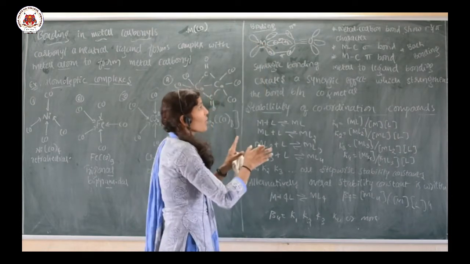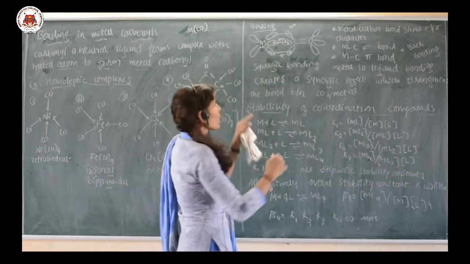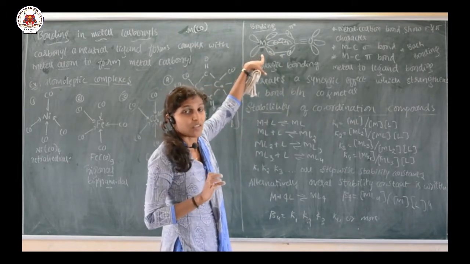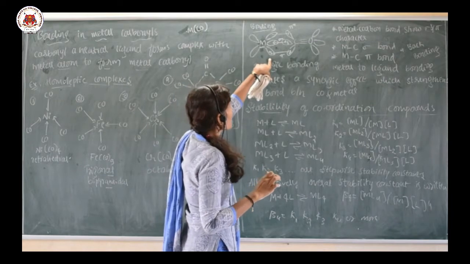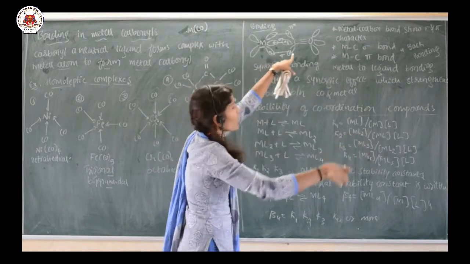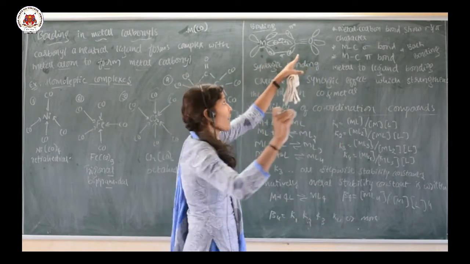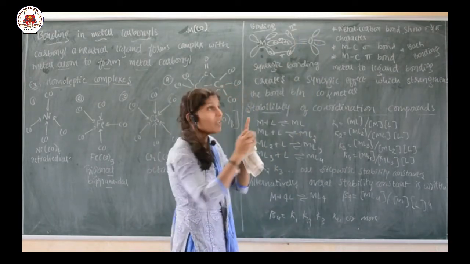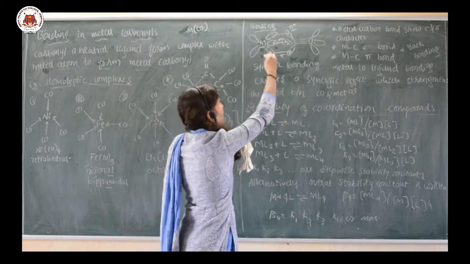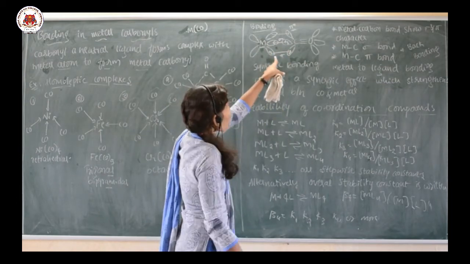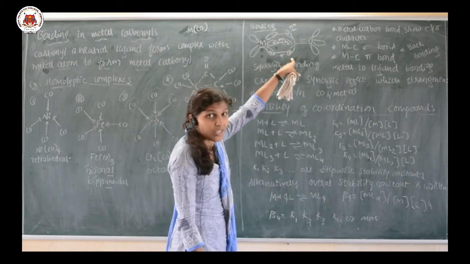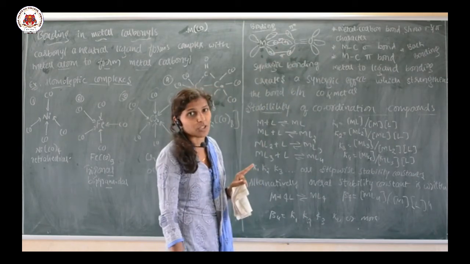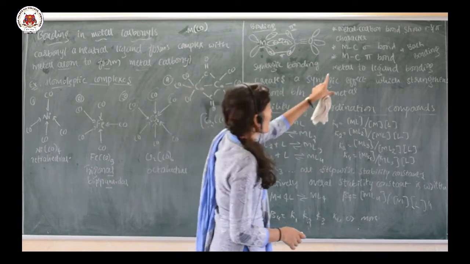Similarly, for the pi bond, the metal having filled d orbitals donates into the anti-bonding orbital of the carbon, pi star. This is back bonding, that is, metal to carbon pi bond formation, which I have written here.